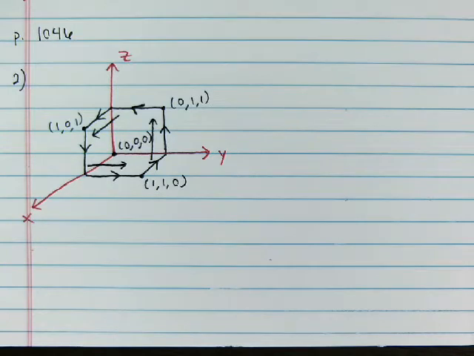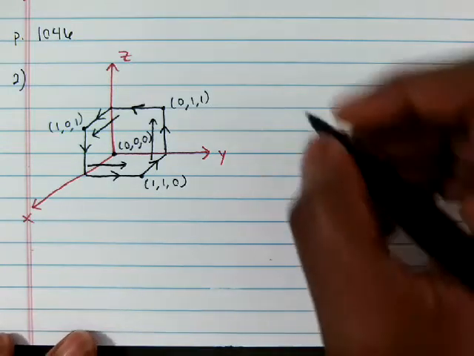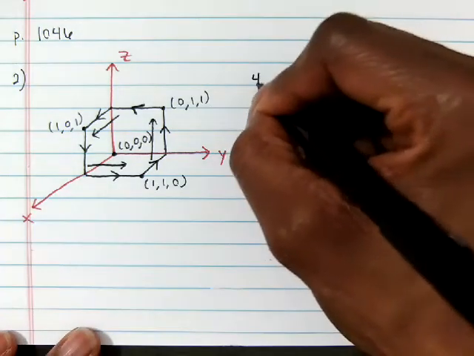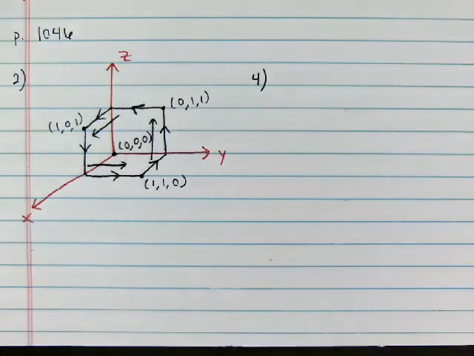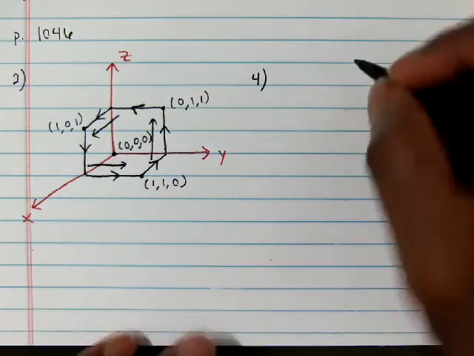All right, so let's look at another one of those. So look at number 4. The surface that they give us is a cylinder, and it's a cylinder that's closed at the top and the bottom. I'm assuming it's supposed to be closed at the top and the bottom, just from the nature by which they shaded it.